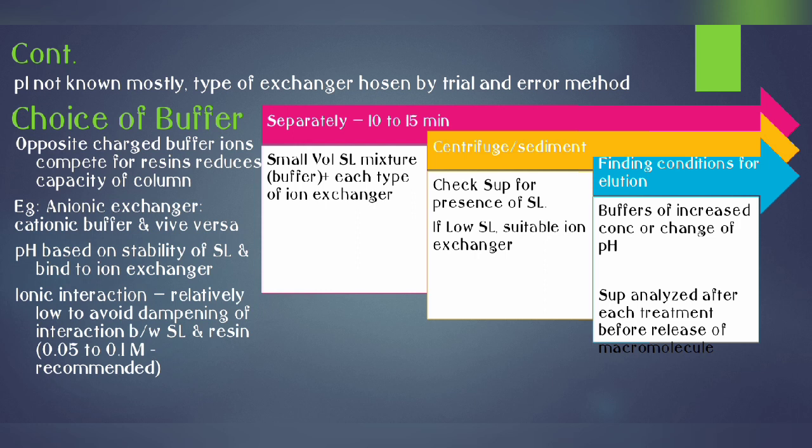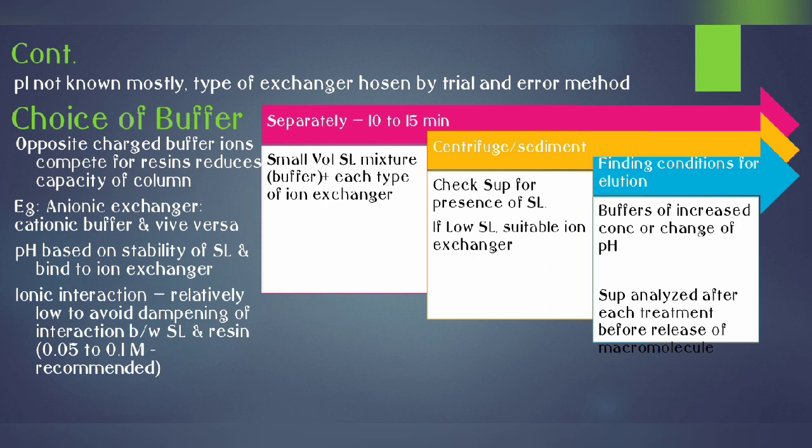Another problem is buffer choosing. If they are using an anion exchanger, it leads to binding towards the support matrix, which may disrupt the capacity of the column.